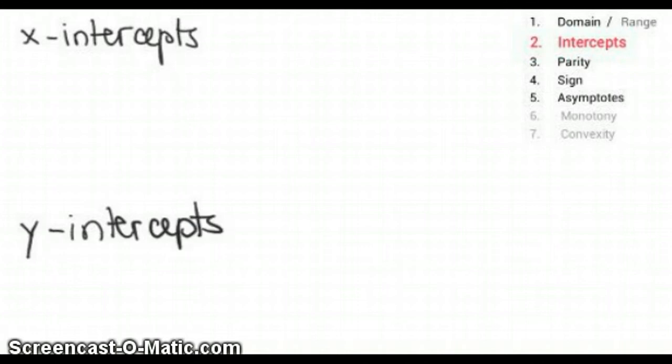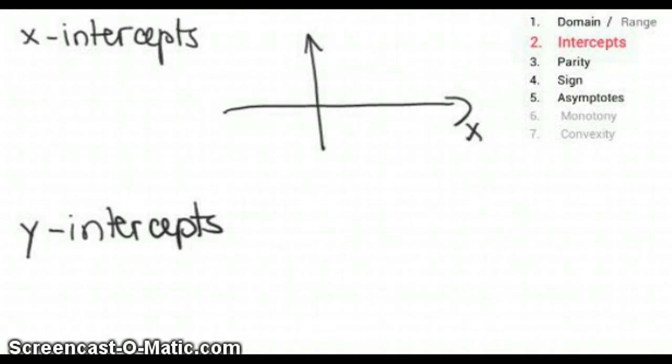The x-intercepts are the points where the graph touches or intersects the x-line. So we might have some. Okay, so assume we have 3 of them. Let's see how we can find them. So what do you notice? What do you know about all points that lie on the x-line?